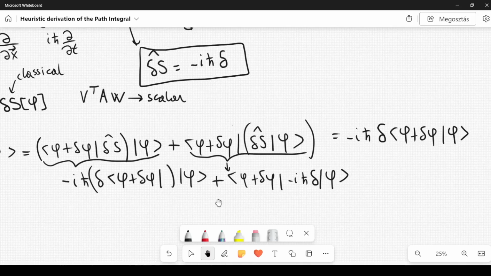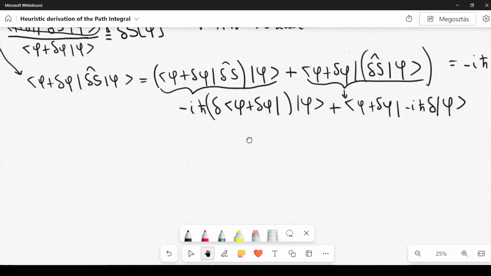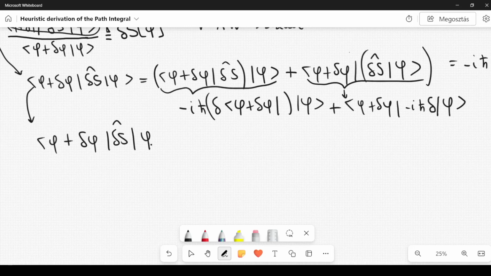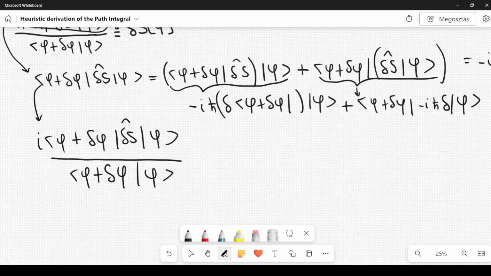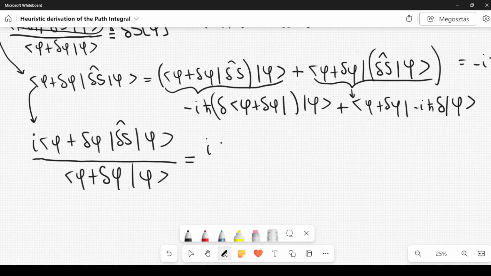Now let me rewrite what we have just obtained like this. So let's divide this expression, phi plus delta phi, delta S operator, phi. We divide this by the inner product between phi plus delta phi and phi. Now let me multiply this by i. So we have that this is equal to i times the change in the classical action evaluated at phi.